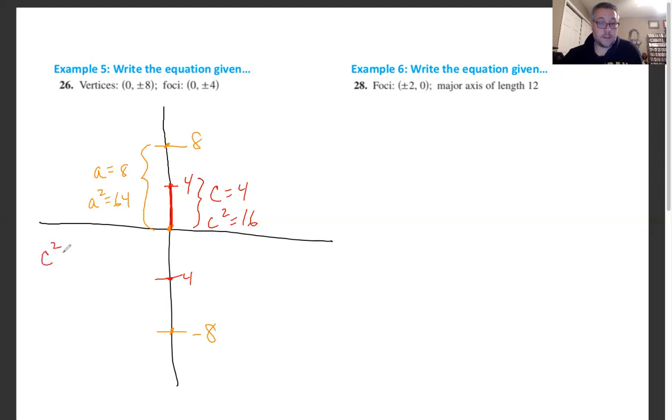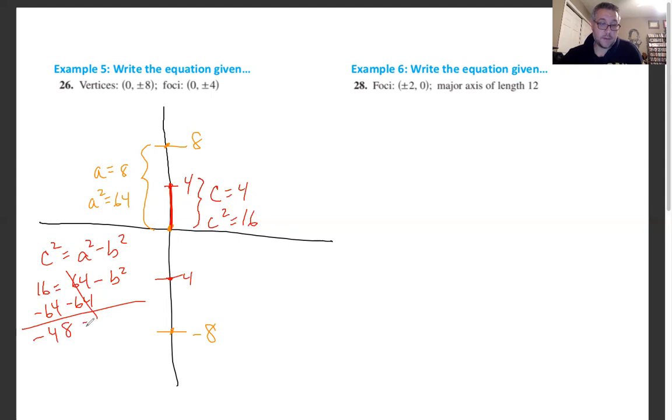We just need to find B squared, which is given by the relationship C squared equals A squared minus B squared. We plug in what we know. C squared is 16, A squared is 64, and B squared we don't know. We want to get B squared by itself. Subtract 64 from both sides. 16 minus 64 is -48.